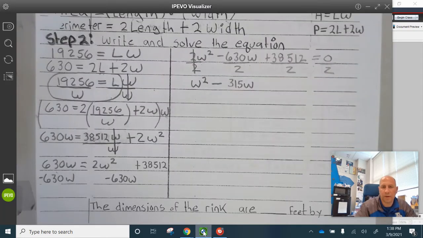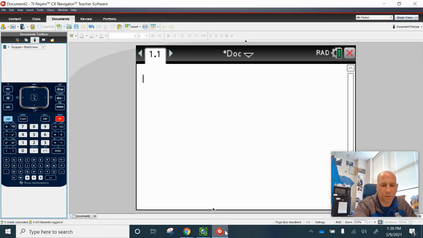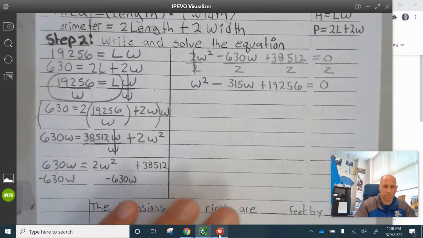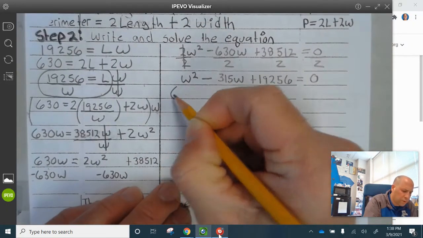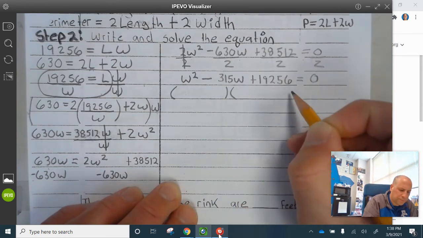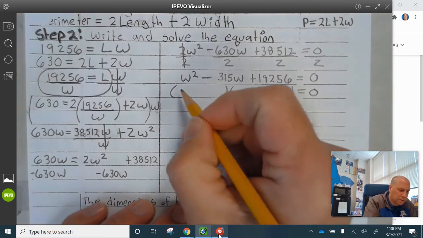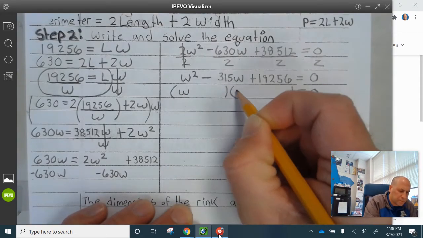And then 38,512 divided by 2 is 19,256, equals 0. Okay, so now we know 2 parentheses, W, W, equals 0.